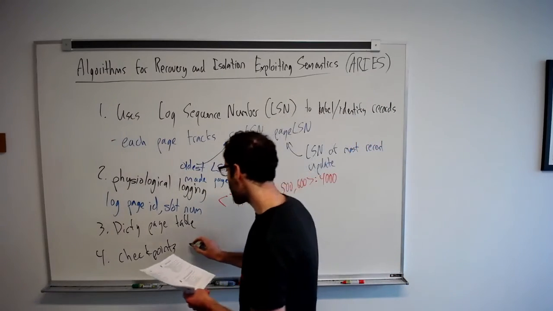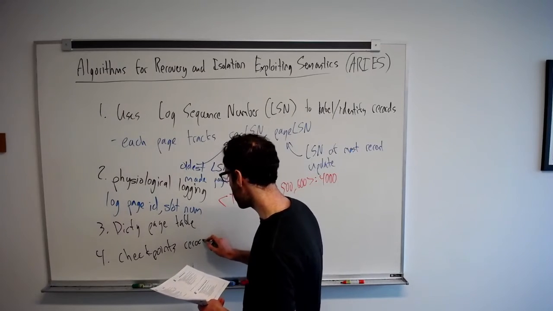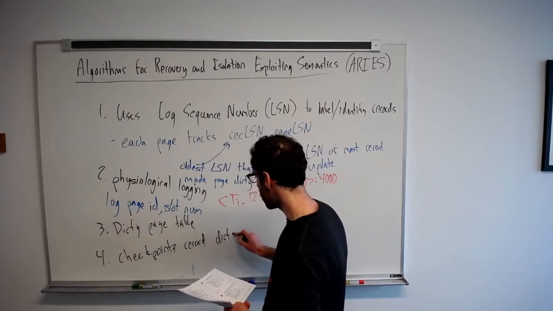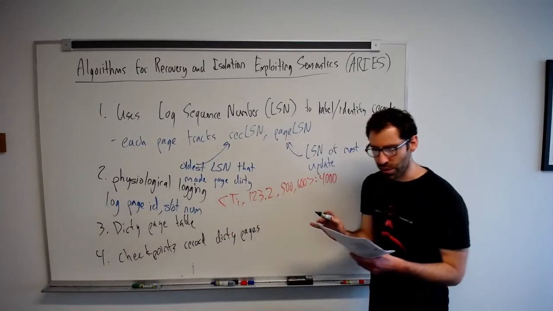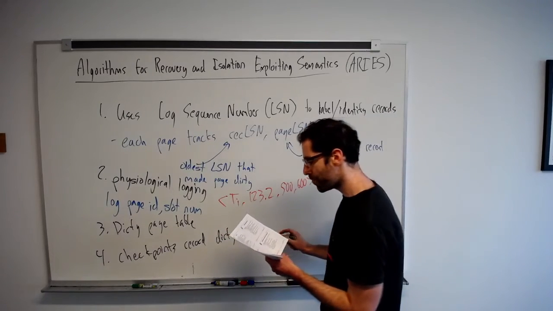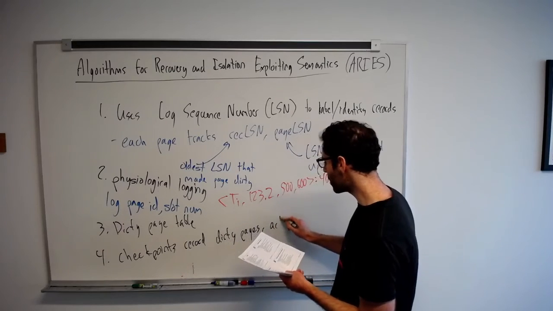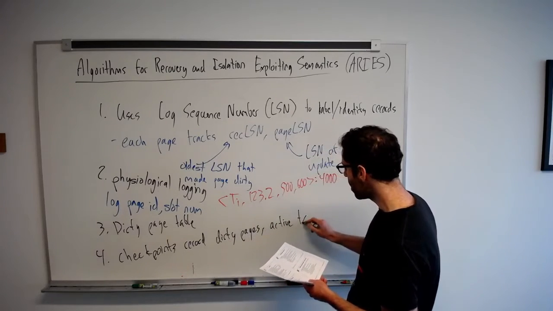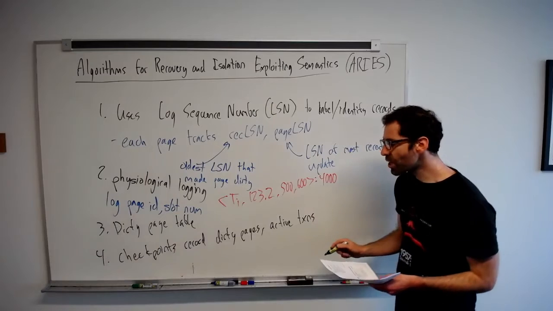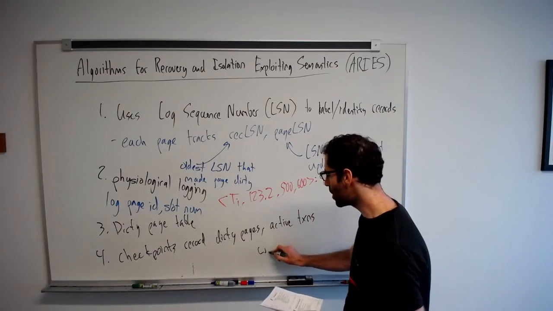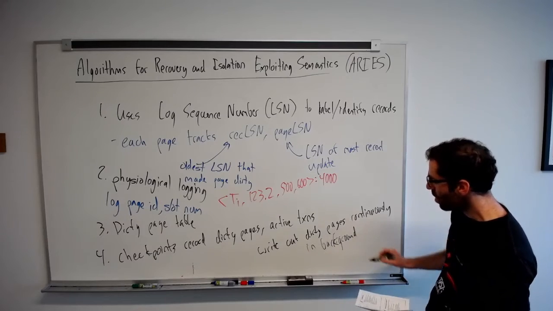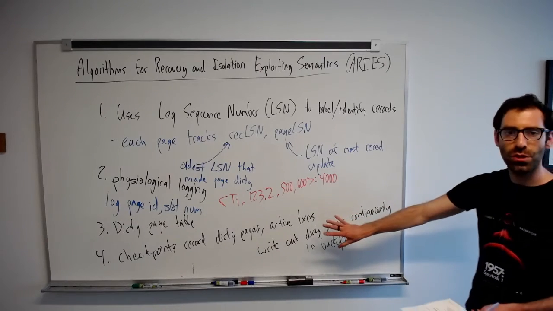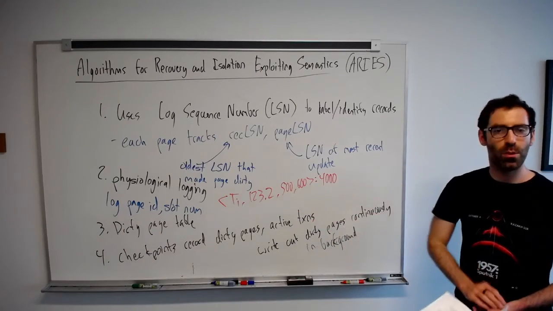So for checkpoints, we're going to record which are the dirty pages and the active transactions, and we're going to make writing out dirty pages not part of the checkpoint process at all.